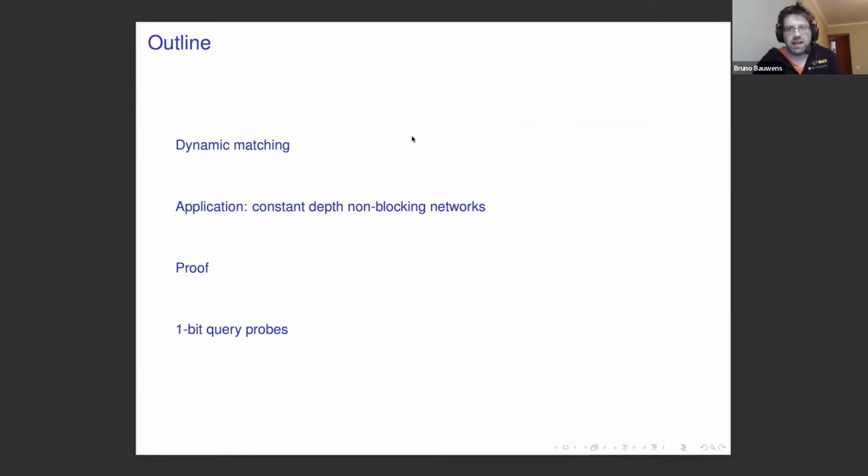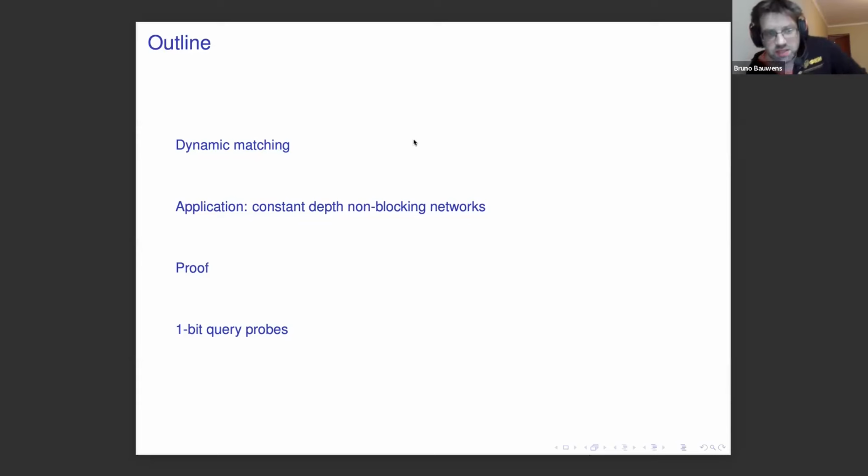By the way, expander graphs were first introduced by people who studied switching networks, where you need to send information through a network where the edges have certain capacity, and you need to connect various inputs to various outputs. That will be the first application.